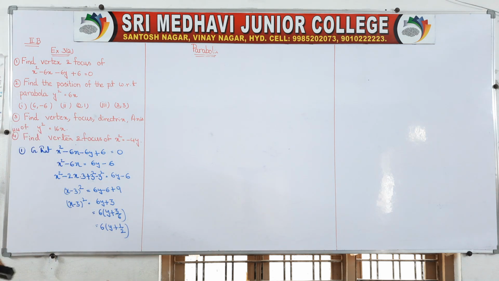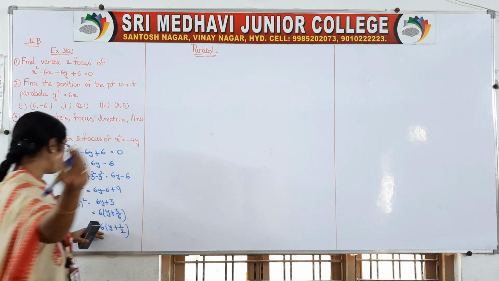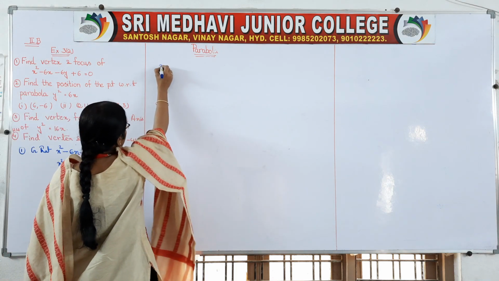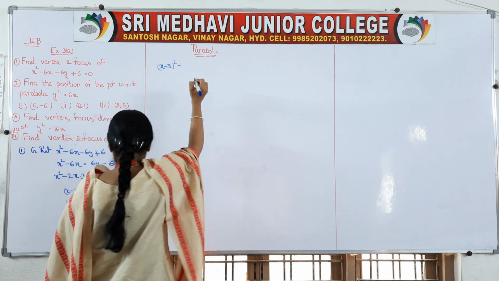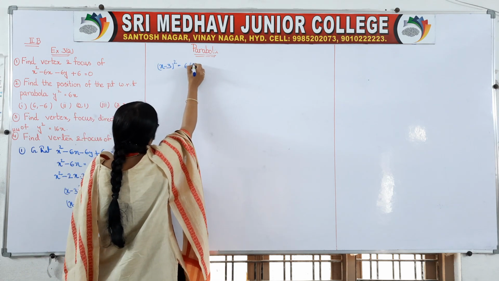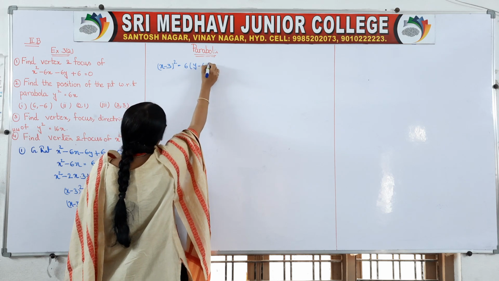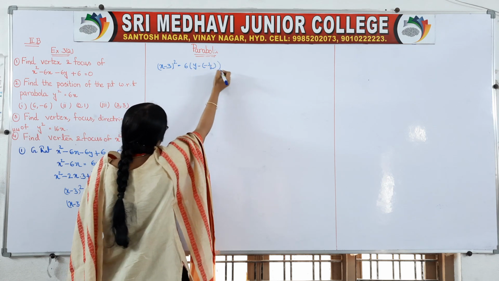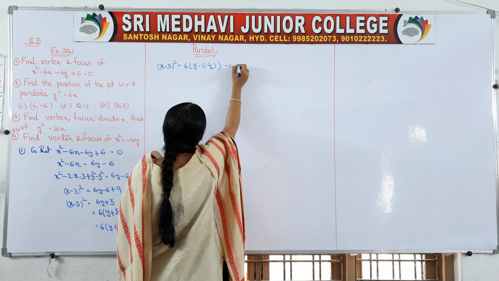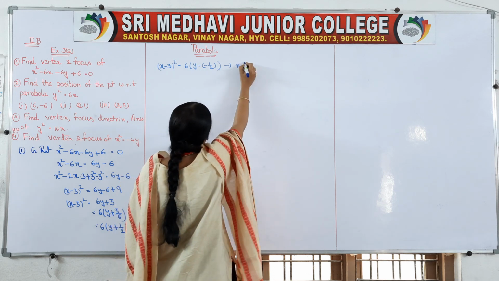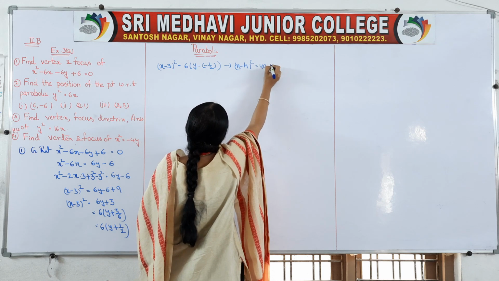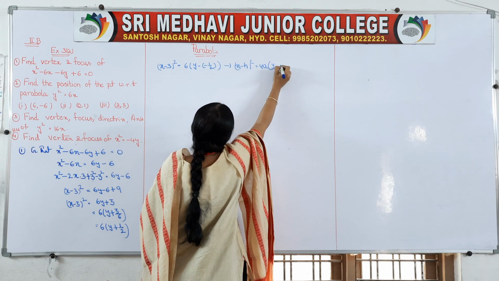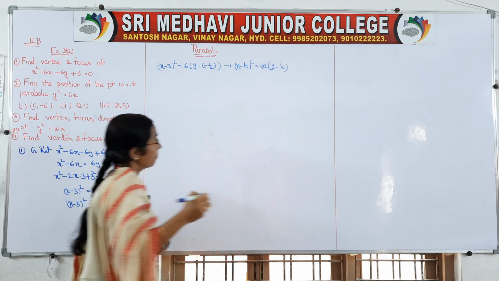Okay, so generally it should be in minus form. So that's why we can write this as x minus 3 whole square is equal to 6 into y minus of minus 1 by 2. Now exactly in the form of which form? x minus h whole square is equal to 4a into y minus k form.